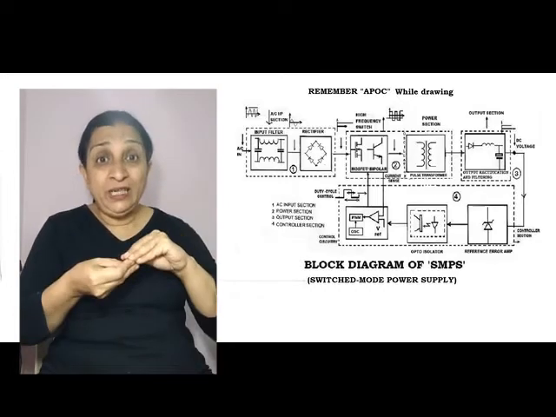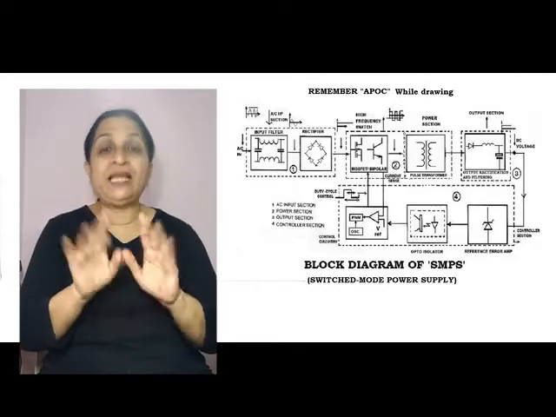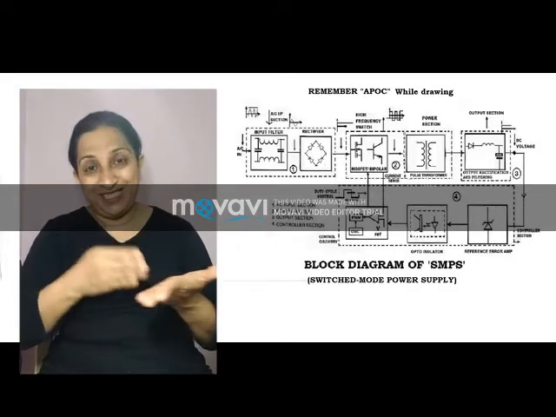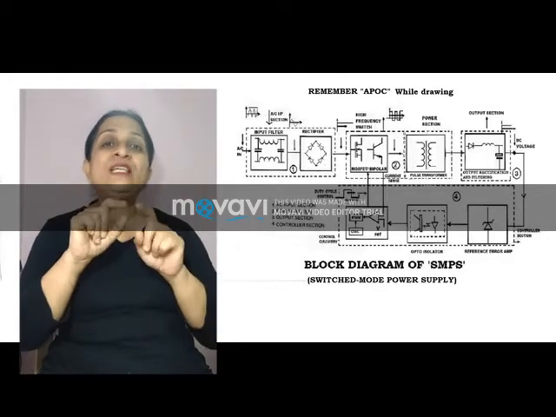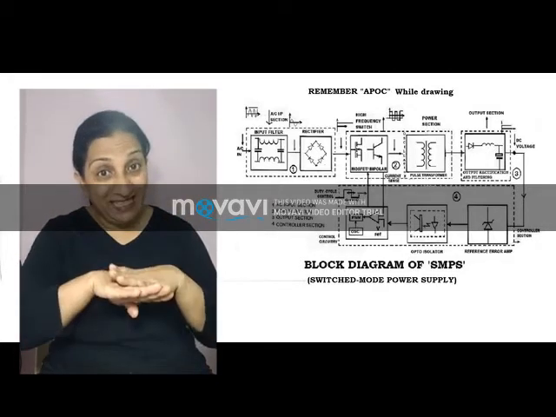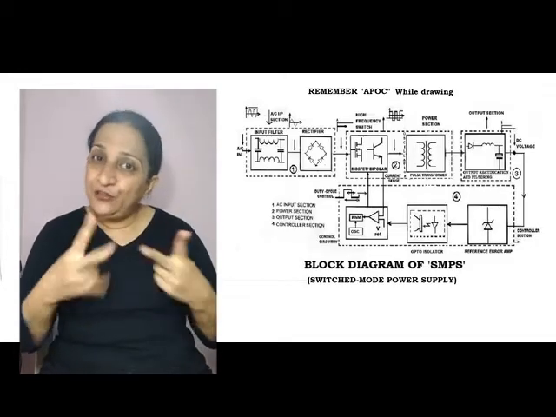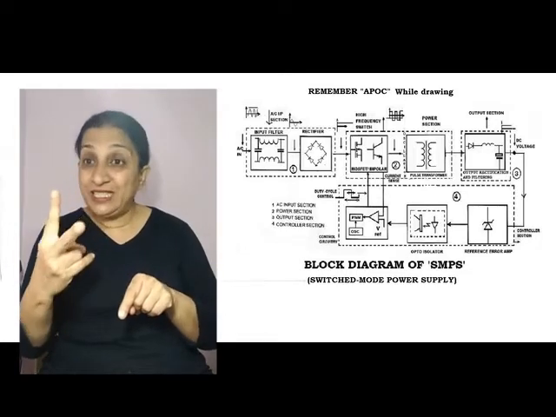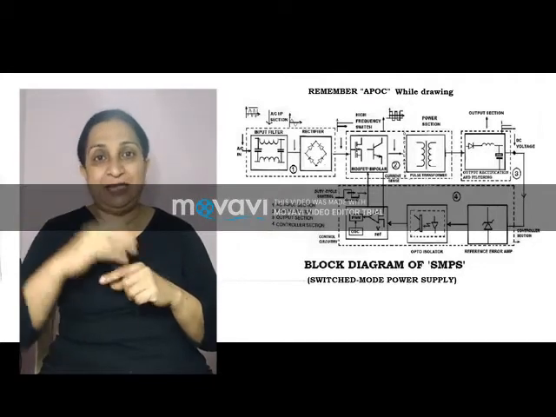So totally there are 8 squares or blocks, but there are 4 sections. You must first draw the 4 sections, then inside those 4 sections you have to draw the different blocks or squares. So you have to remember A, P, O, C.